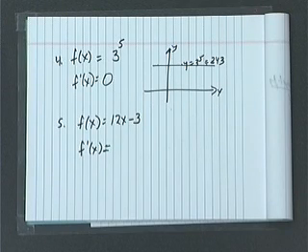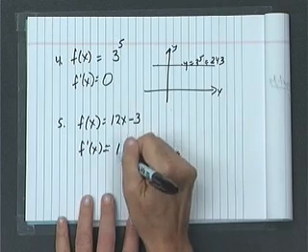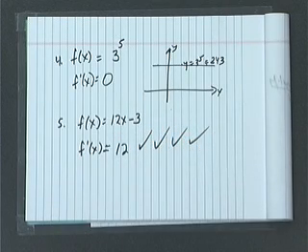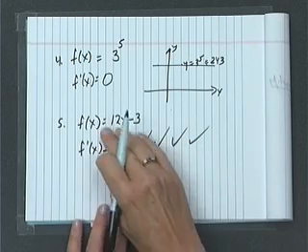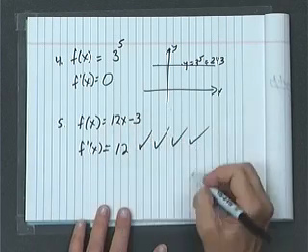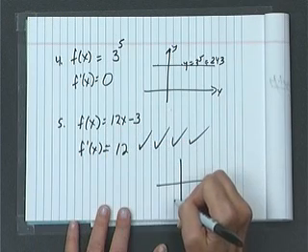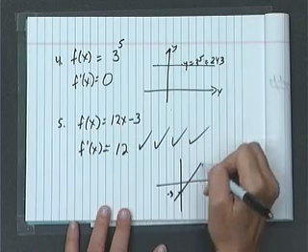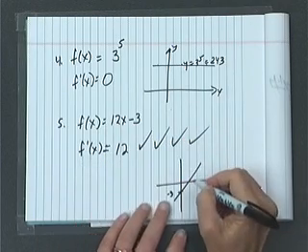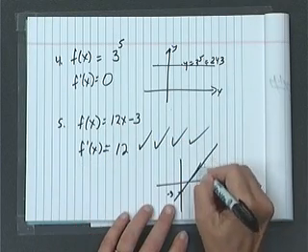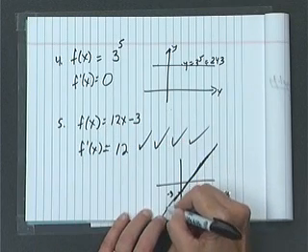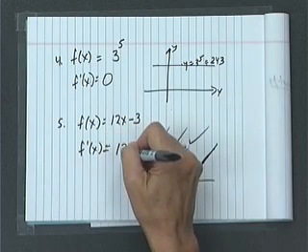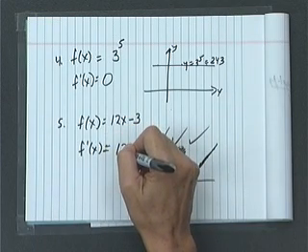What is it? 12. Excellent. Somebody tell me why the derivative is 12. Because a equals 12. That's a straight line. That particular straight line has y-intercept -3, has slope 12. The derivative is the slope of the curve at any point. And if this is a straight line, no matter where you are on that line, that slope is 12. So therefore, the derivative is 12.